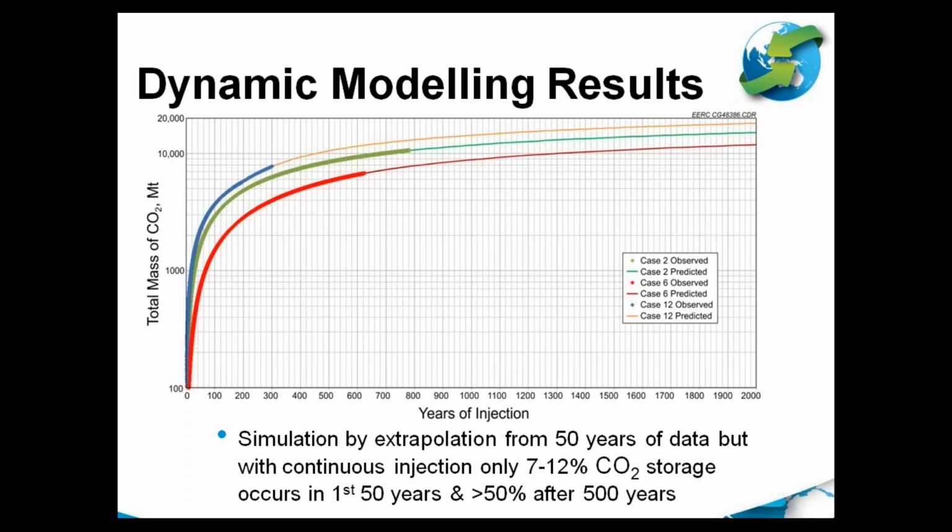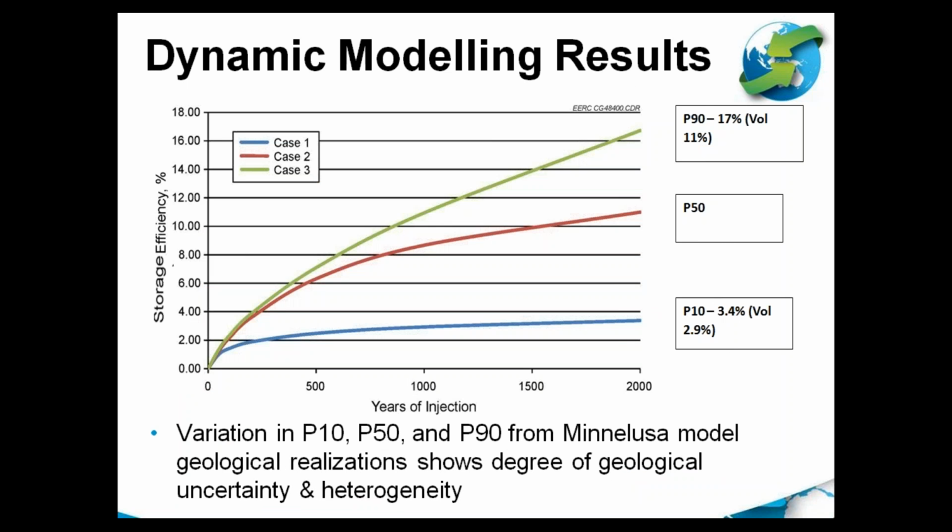And the remainder takes up to 500 years before 50% can be stored. So it does show that injection into this sort of formation to achieve the sort of levels equivalent to a volumetric estimate takes a very long time.